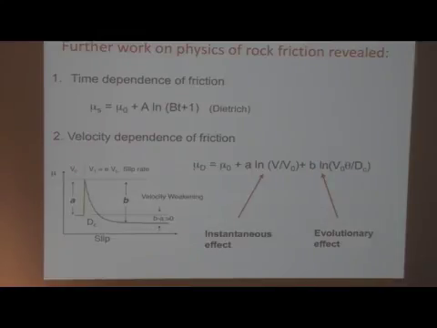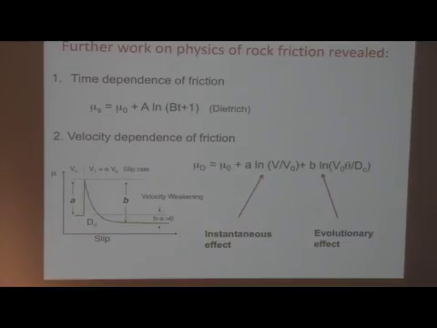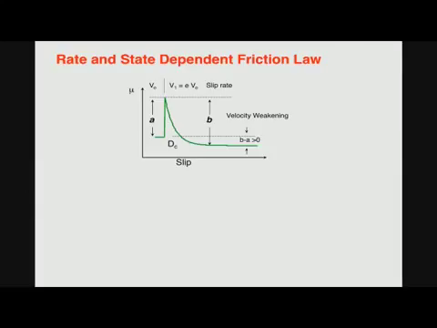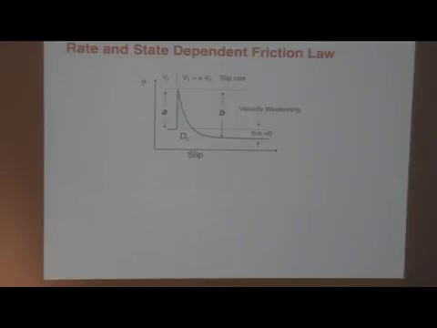Where theta is a state variable, it kind of describes what the contacts look like, what those asperities look like, and what I'm getting to is rate and state friction here. You also need an expression for how that state variable evolves over time.